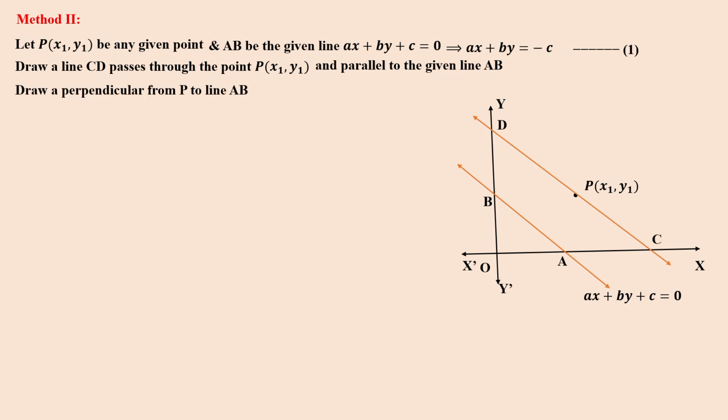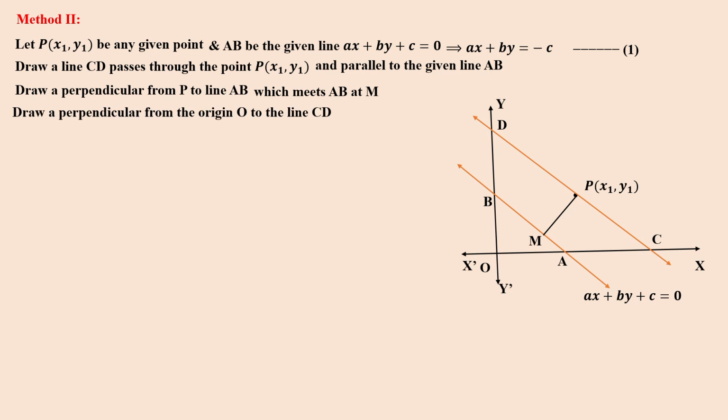Draw a perpendicular from the point P to the line AB, that is the distance between the point and the given line AX plus BY plus C, that is the perpendicular distance PM, right, which meets AB at M. So draw a perpendicular from the origin O to CD, right, which meets CD at Q, right?